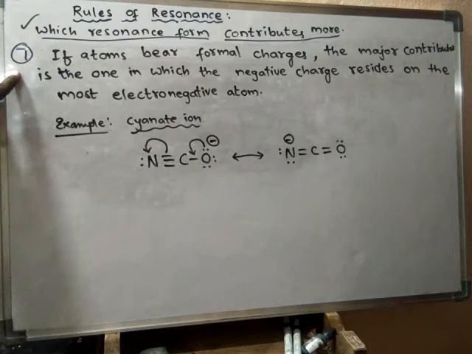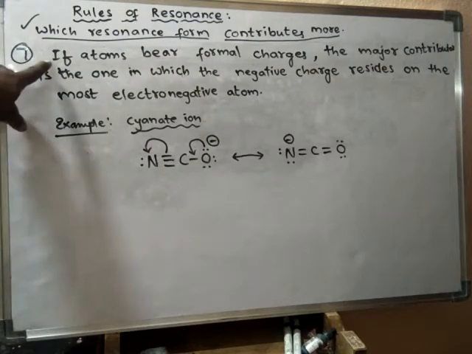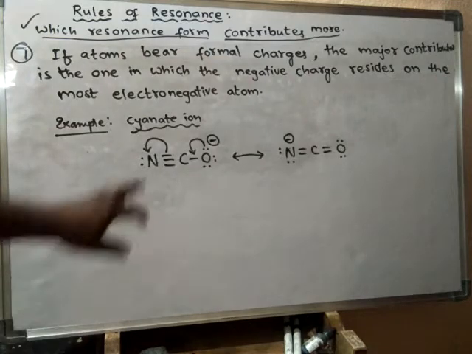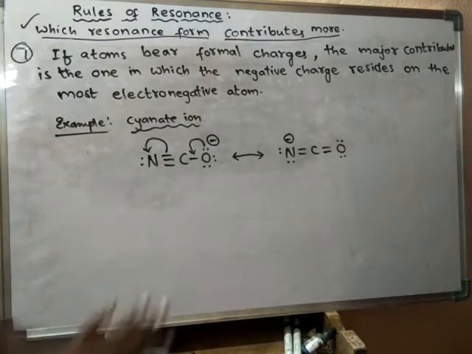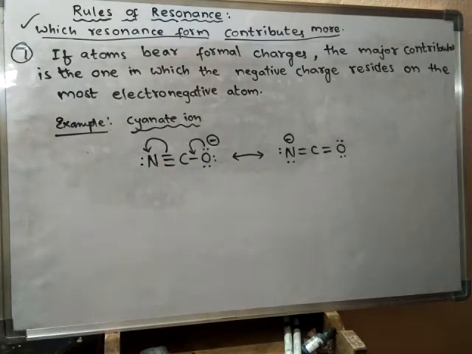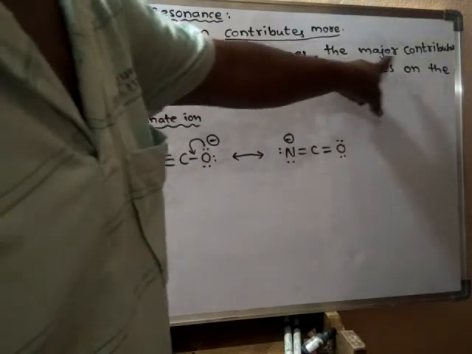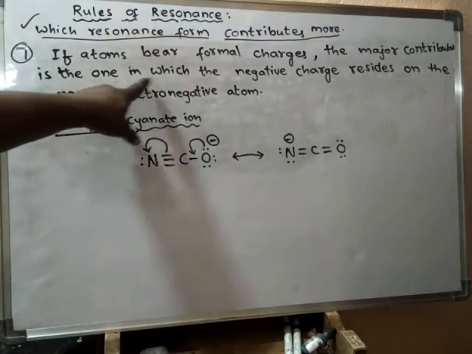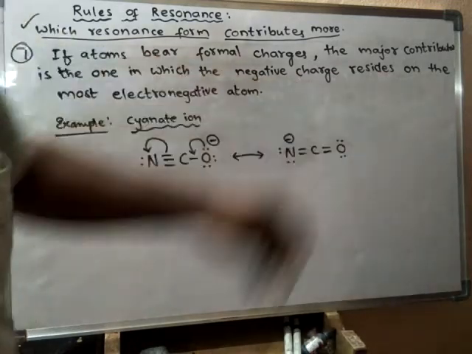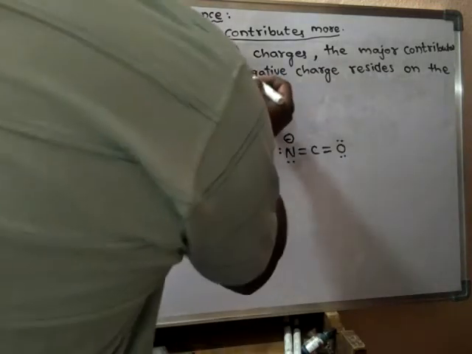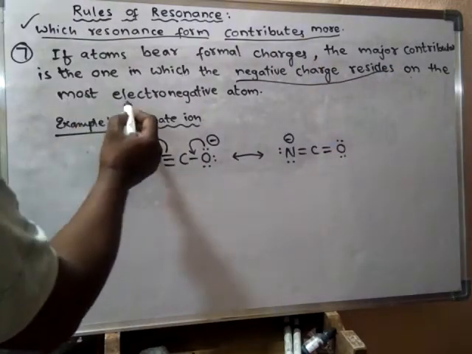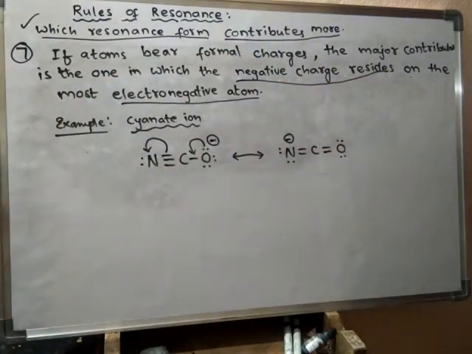Now we learn the next rule. Rule 7 says that if atoms bear formal charges, that means if some atoms in the structure contain formal charges, the major contributor is the one in which the negative charge resides on the most electronegative atom.